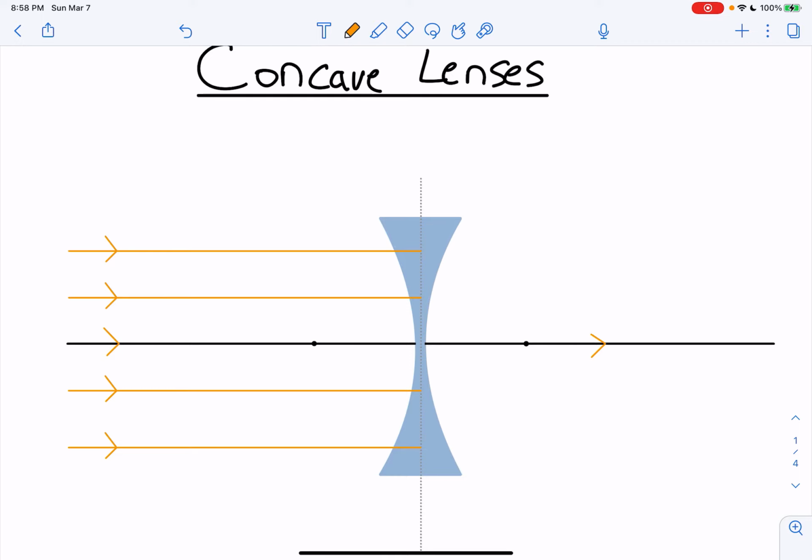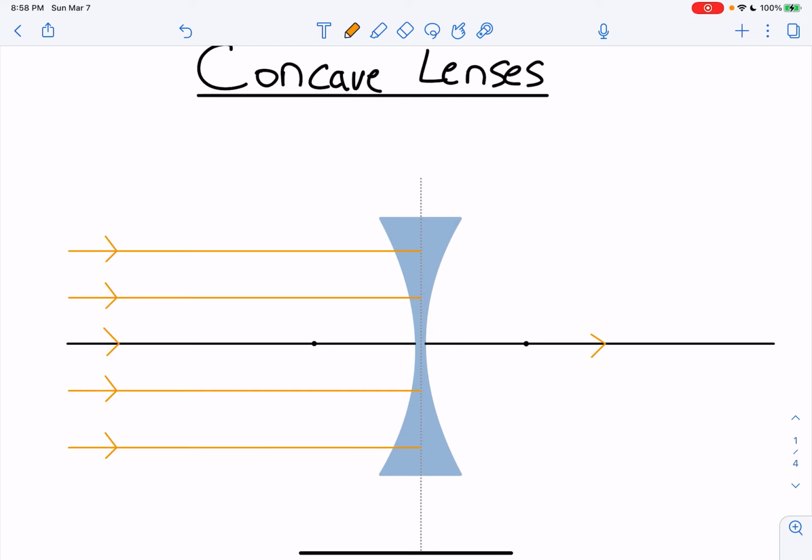Now, what's going to happen to some of the other rays? Well, what we're going to see is a refraction that brings light rays outwards like this. So here's the first one. Well, let me try and remove that little dot.